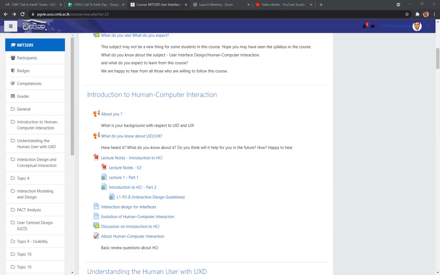We use that interface to interact with others. That is what happens in a Zoom session. Probably the first time you started using Zoom, it may have been very difficult to understand how things are organized.